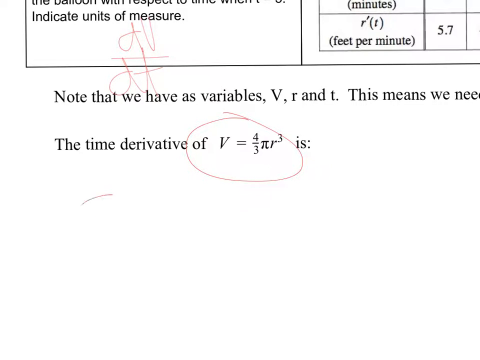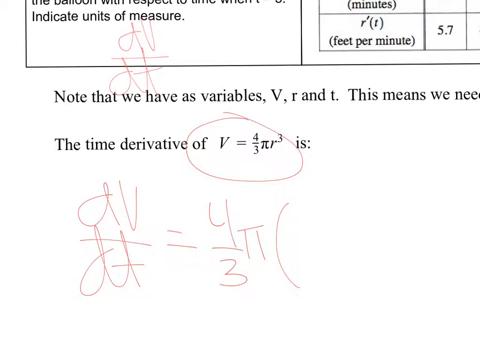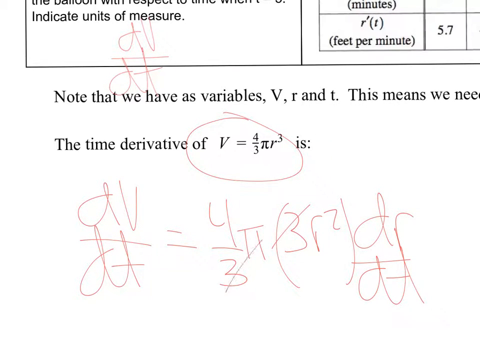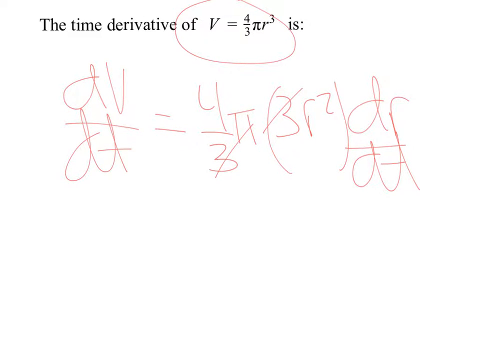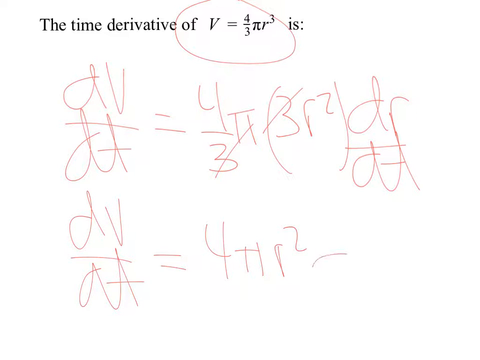The time-based derivative will be dV over dt equals 4/3 pi, and then the derivative of r cubed is 3r squared, but I have to write dr by dt. The 3's divide out, and I'm left with dV by dt equals 4 pi r squared dr by dt.